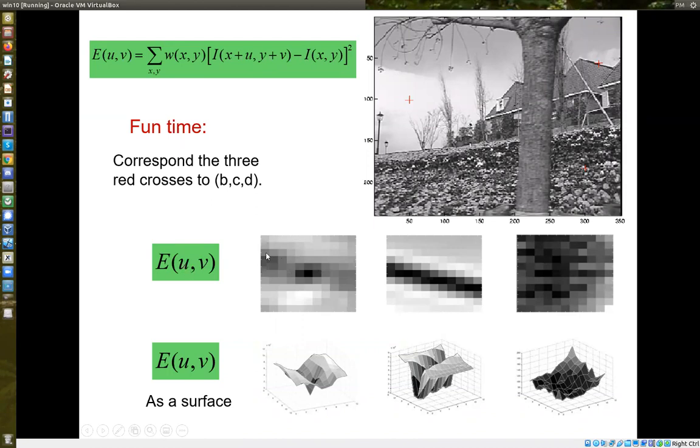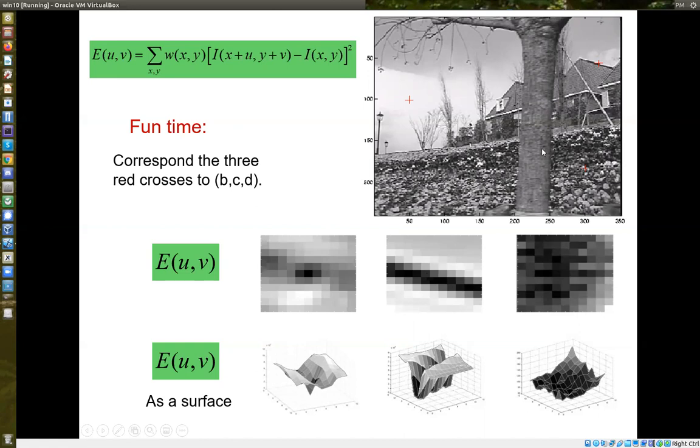So I have this value that is close to zero in the middle, and then I change around, and I have something along this diagonal that is kind of zero, and for the other direction it is non-zero, and I have the whole thing being more or less zero. So which corresponds to which? Maybe I'll just ask about one of them.